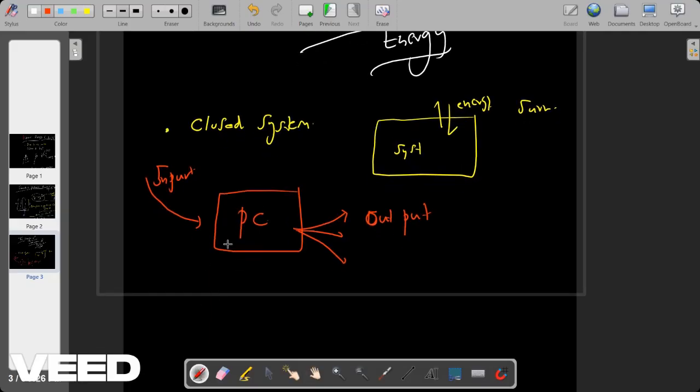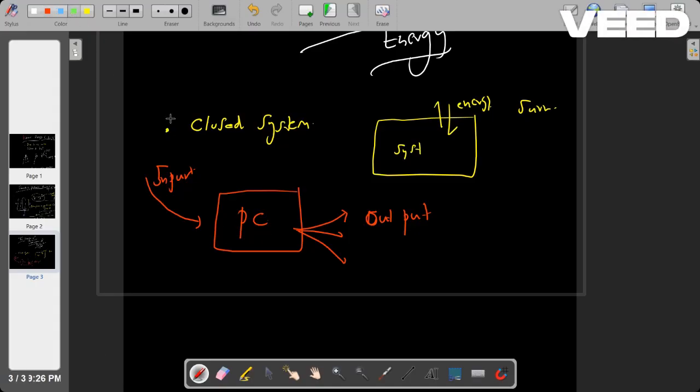Why? No energy has been added. We can't create energy. What you have given is taken out. No energy has been added or deducted. So it's a conservation of energy. You can tell in brief, total energy in is total energy out.